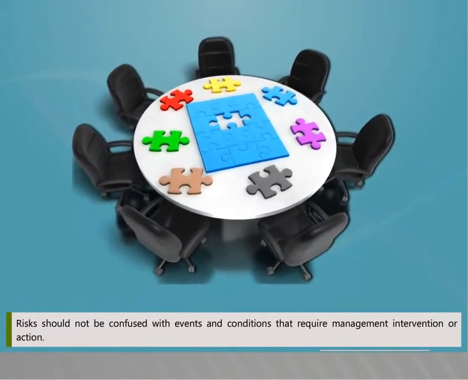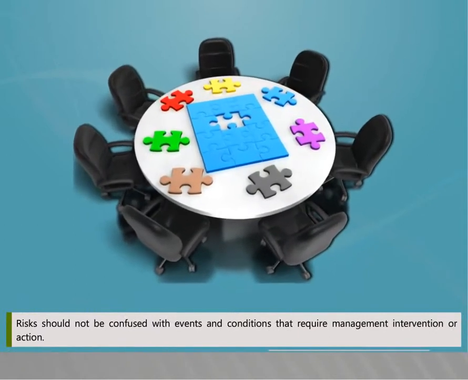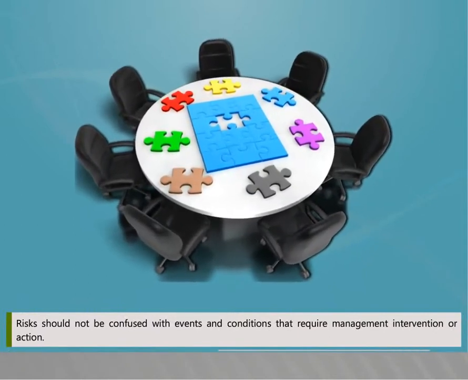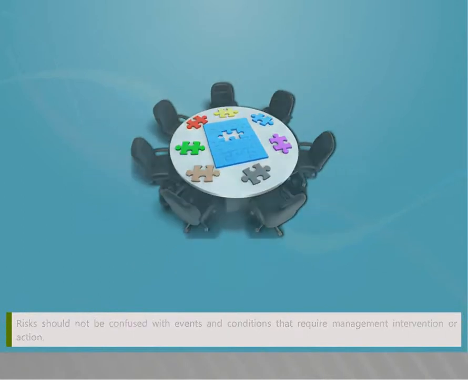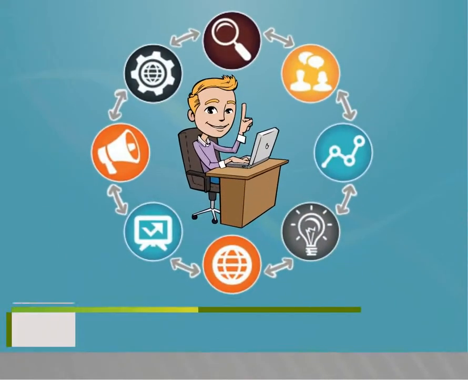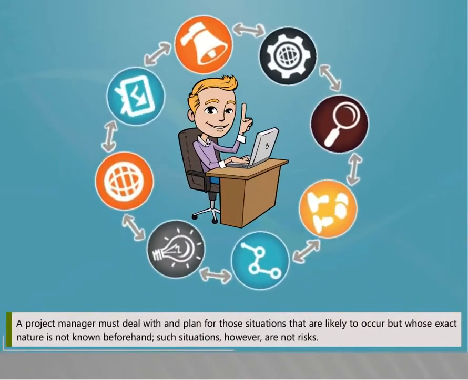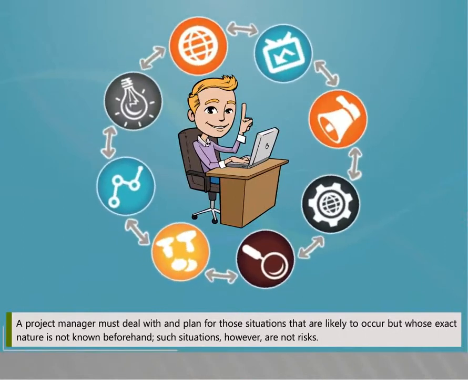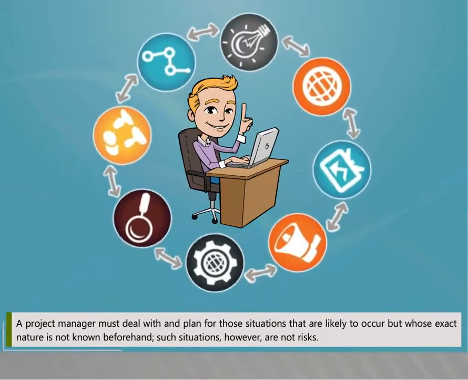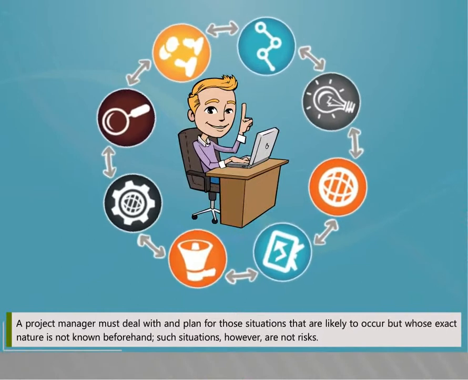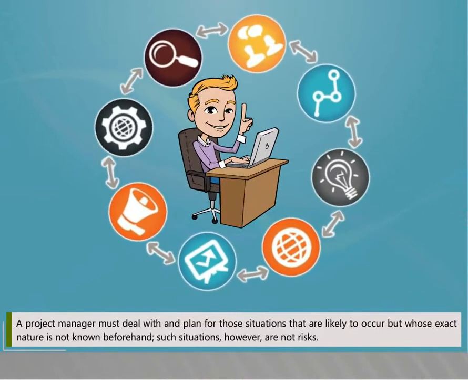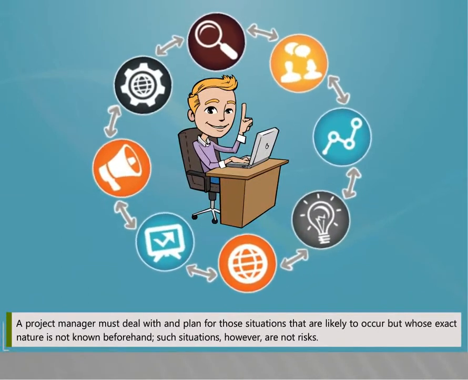Risks should not be confused with events and conditions that require management intervention or action. A project manager must deal with and plan for those situations that are likely to occur but whose exact nature is not known beforehand. Such situations, however, are not risks.